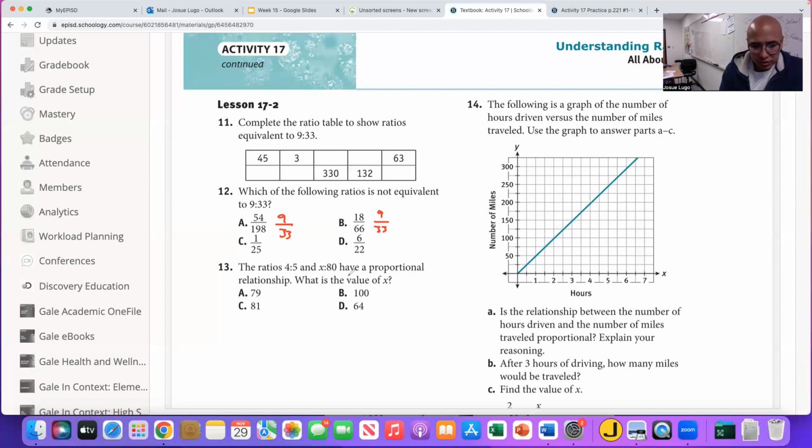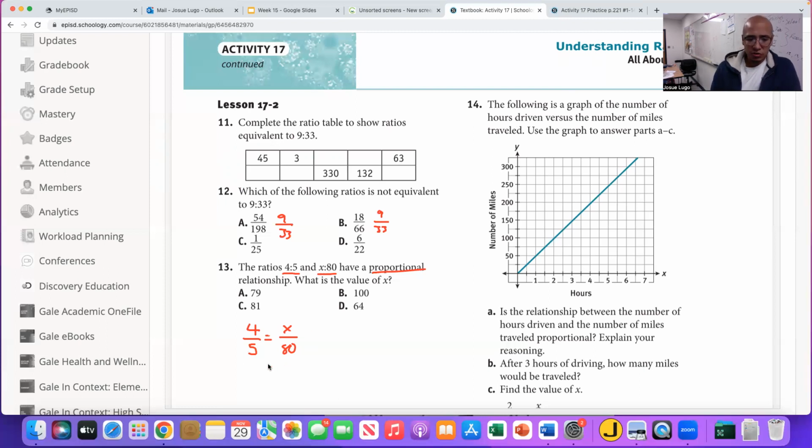And moving on to number 13, the ratios 4/5, that's a fraction, 4/5 and x over 80 are given to you. 4/5 and x over 80. And it says that they are proportional. In other words, they need to be equivalent. So you need to ask yourself, what number over 80 is going to be equivalent to 4/5? There, ladies and gentlemen, you can use either method that we've used.